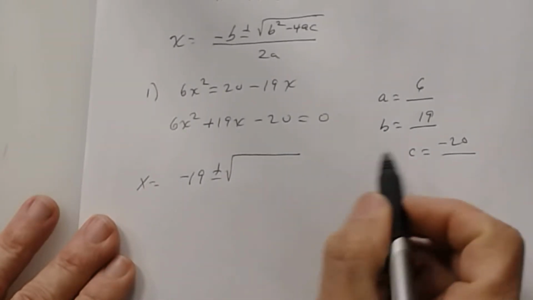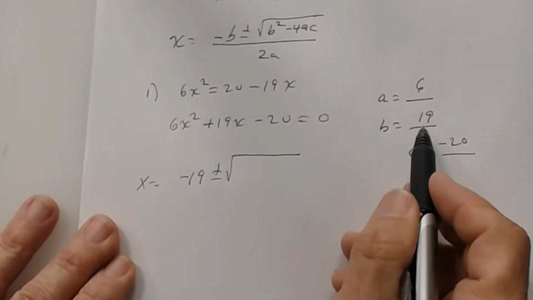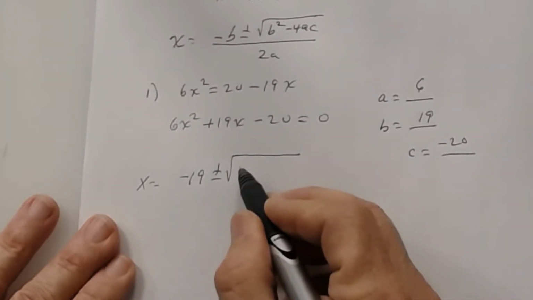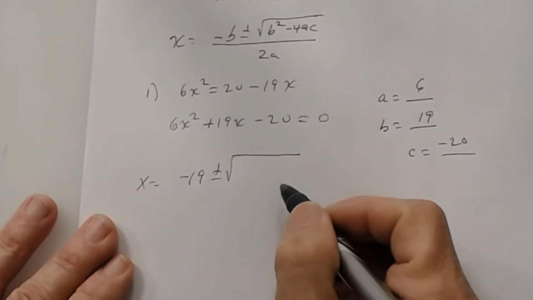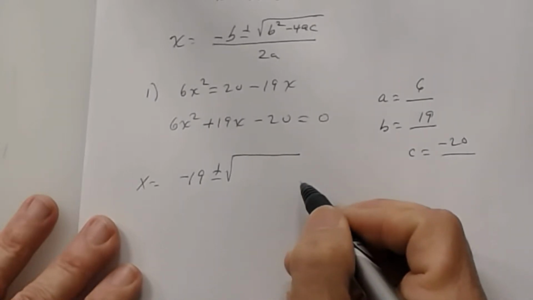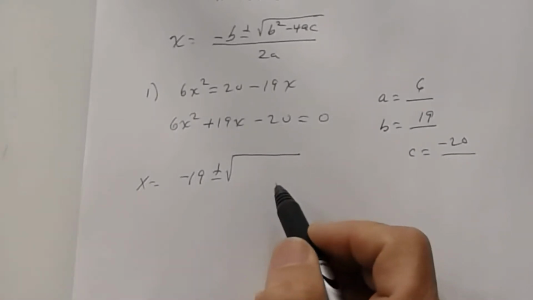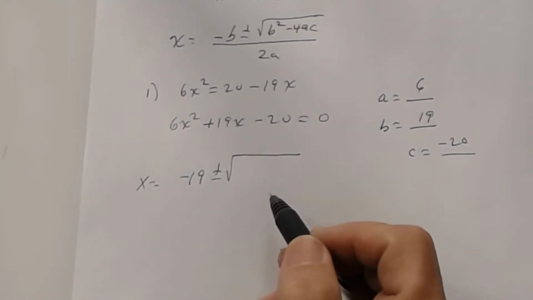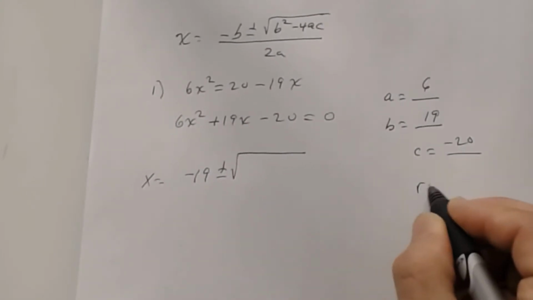Now sometimes b is going to be negative. b in this case is positive, right? Regardless, always when you do this radicand, and on Monday we're going to call this radicand the discriminant, but don't worry about that just yet. Remember the radicand is the number or the expression that's under the radical.